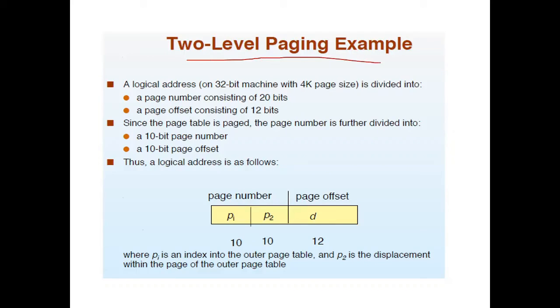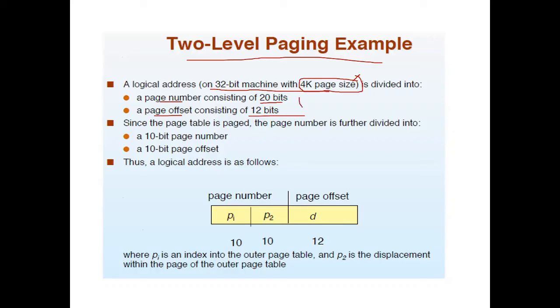So in two-level paging, as it is a 32-bit system, there will be a 4 kilobyte page size. The logical address is divided into a page number and page offset. Page number takes 20 bits and offset takes 12 bits.